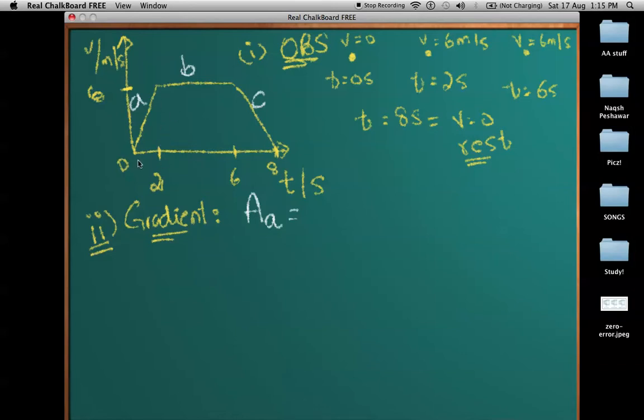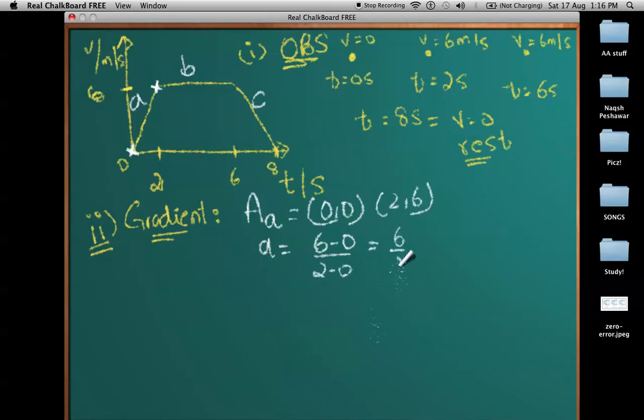We take two points. One point is 0 and 0, the other point is 2 and 6. So acceleration is 6 minus 0 divided by 2 minus 0, that is y2 minus y1 over x2 minus x1. This becomes 6 over 2, which is 3 meters per second squared.